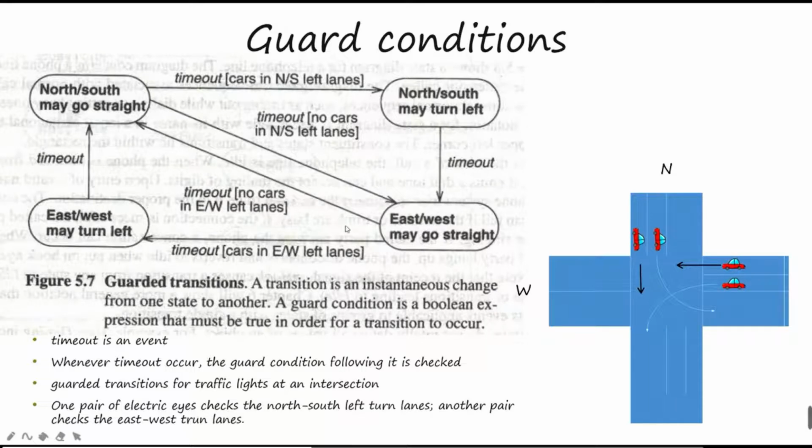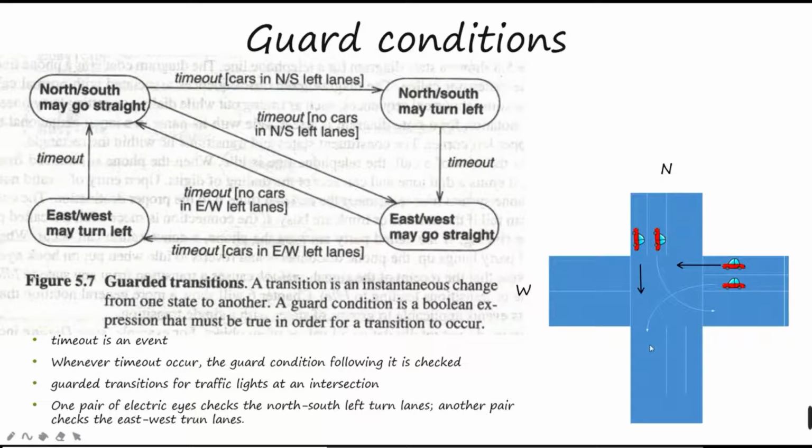If there are, it will transition to the east-west turn left state. And when we get another timeout event in this state, it will go to north-south go straight directly. Okay, we can see that.